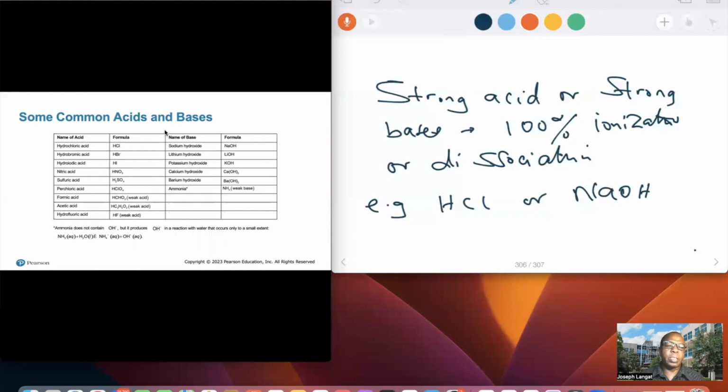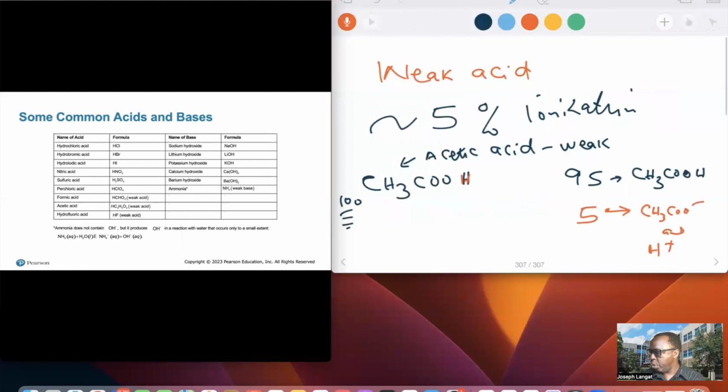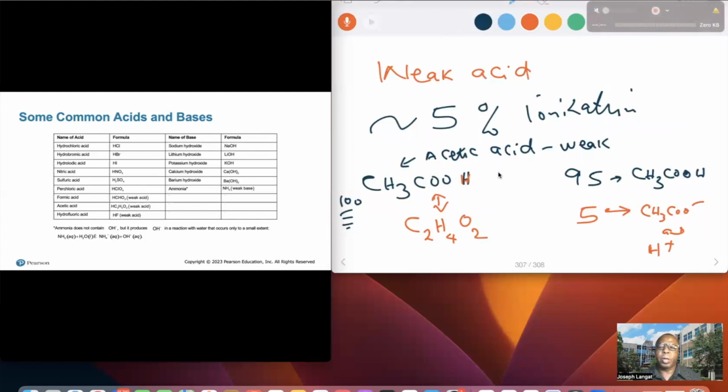Here are a few common acids and common bases. Please commit them to memory. These are a few common acids you need to remember. Some of the formulas might look different from what you know, especially acetic acid. It's the same thing. Sometimes they may have a condensed formula, C2H4O2.